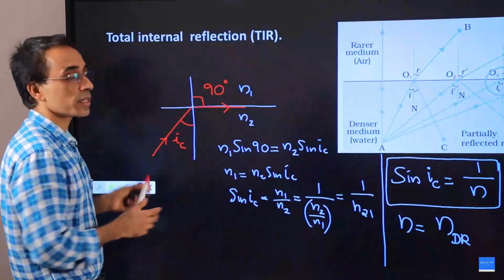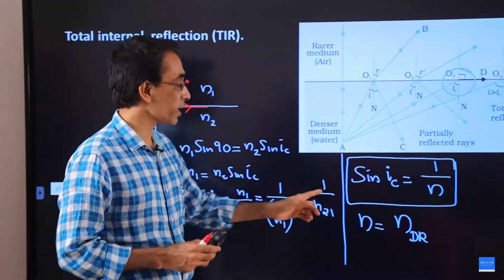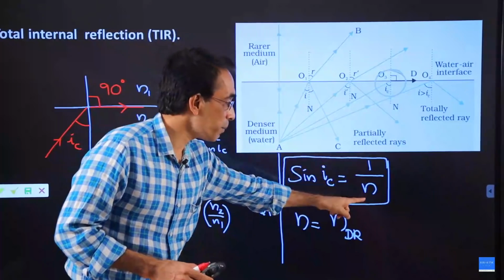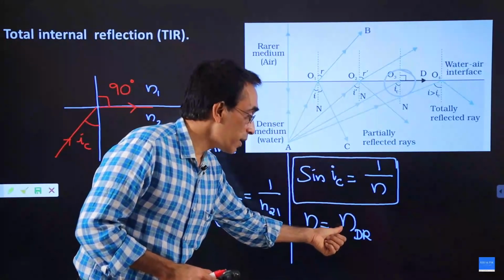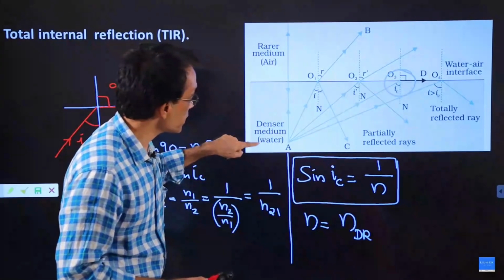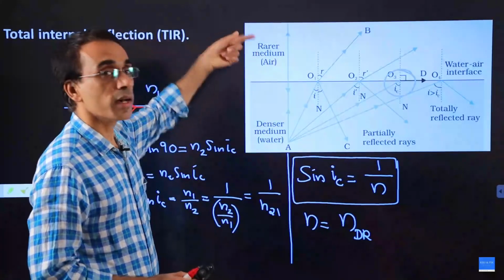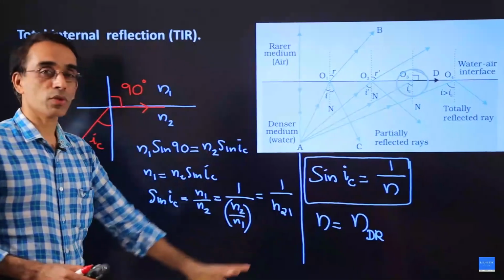That angle is called critical angle. And how to calculate critical angle? Sin IC equal to 1 by n. And what is n? It is the refractive index of the denser medium with respect to the rarer medium. So this is the derivation for that part.